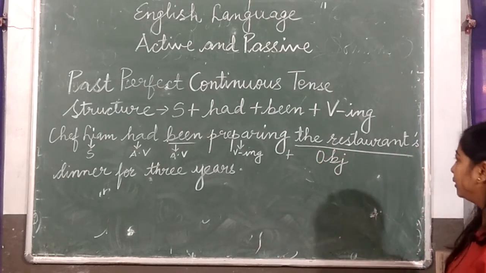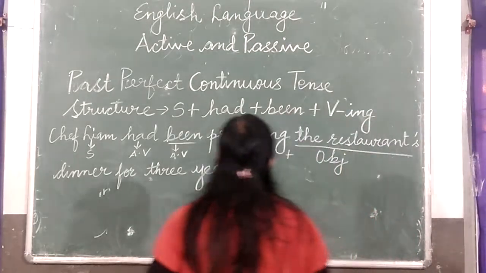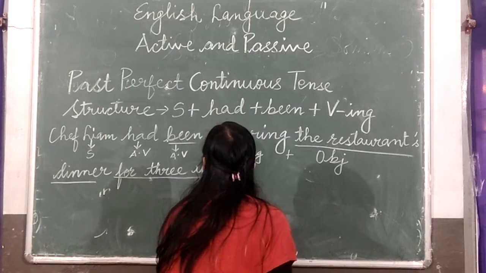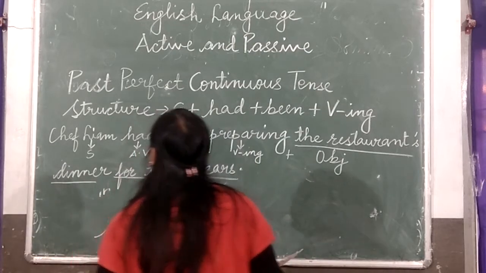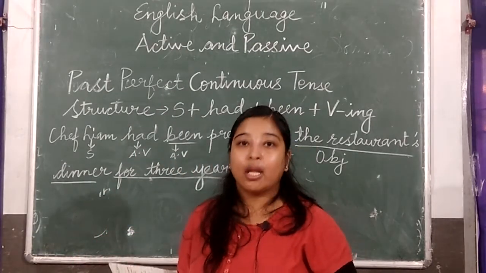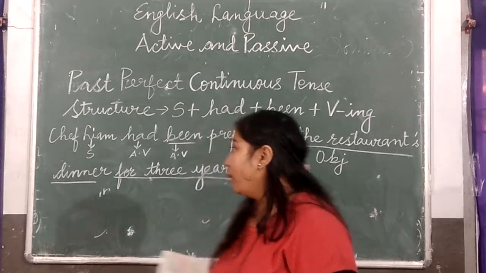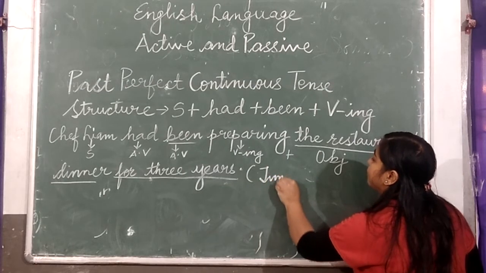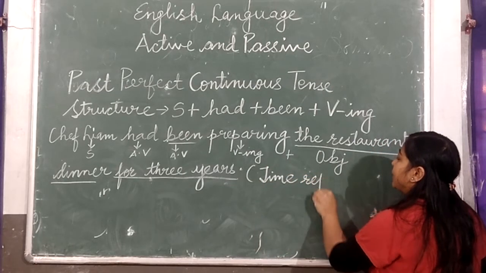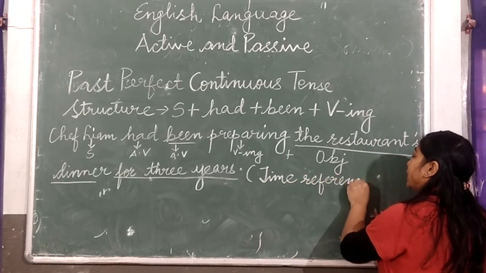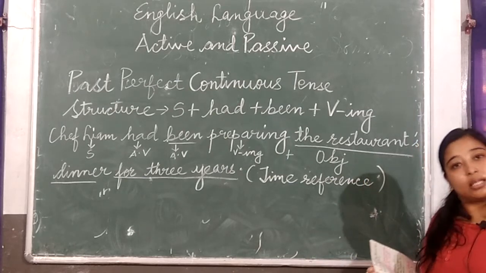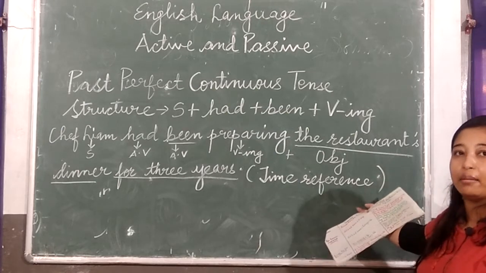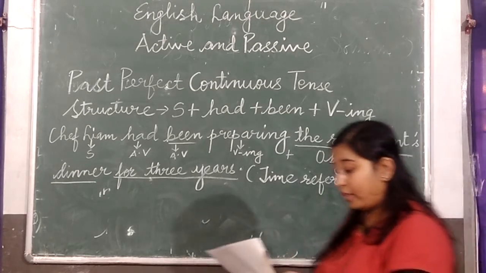The restaurant's dinner for 3 years. Why for 3 years? Because it's a continuous tense, so you'll have to mention the time frame. Sorry, not the time frame, but the time reference, because something has been taking place continuously.